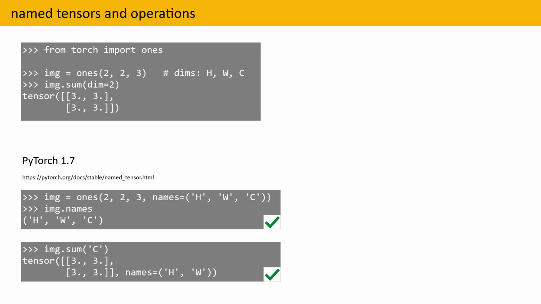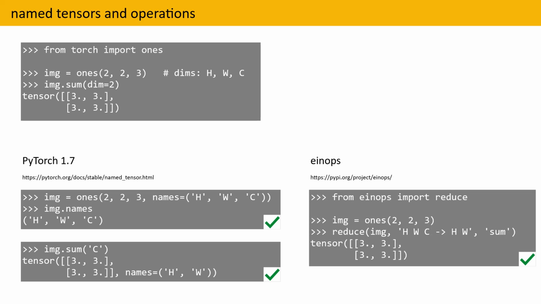An exciting alternative is the einops library. Instead of naming the dimensions of tensors directly, the einops library provides functions that describe the transformations of tensors based on dimension names. Here is an example that again computes the sum over the channel axis C of an image.